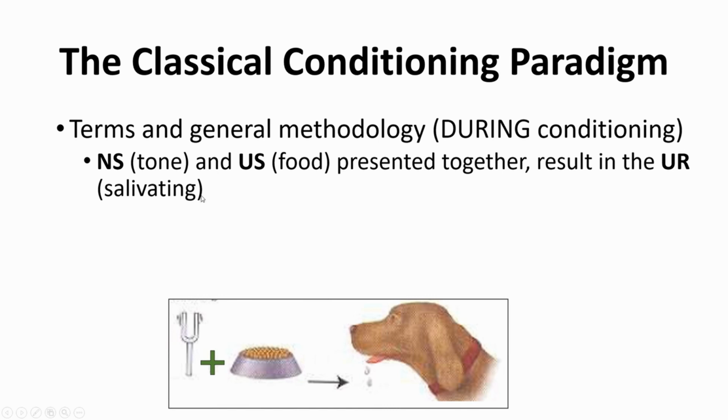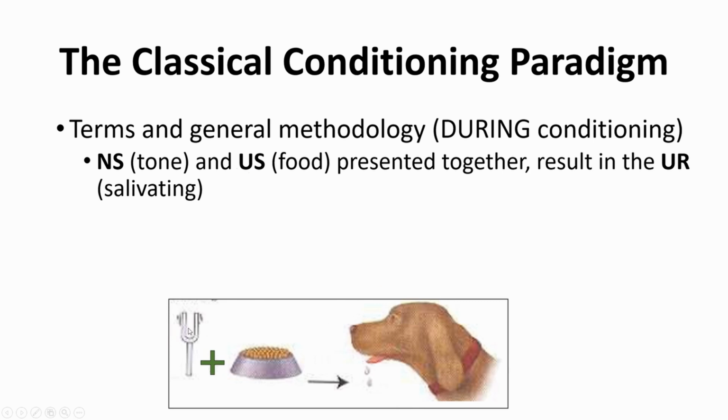Now, at the very beginning, the salivation is pretty much just going to be in response to that unconditioned stimulus. Up front, they don't know anything about the neutral stimulus. It starts off neutral where it has no meaning. And so the salivation at the beginning is an unconditioned response to that unconditioned stimulus.